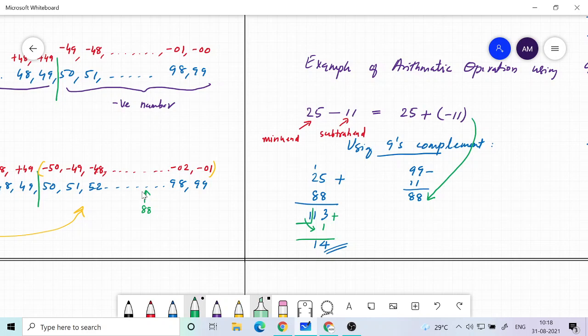So you have to go 25 steps from 88 to the right side. Okay, and when you take 11 steps, you exhaust the 2 digits. Okay, from 88, when you take 11 steps, because this is minus 1, minus 2, minus 3, so 88 is where? 88 is corresponding to minus 11.